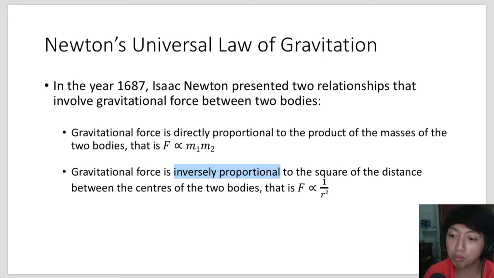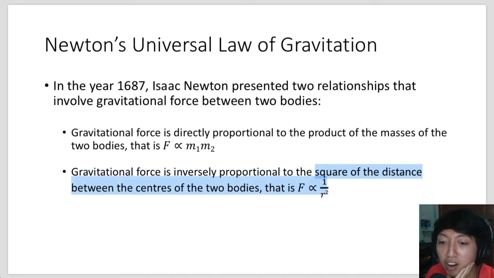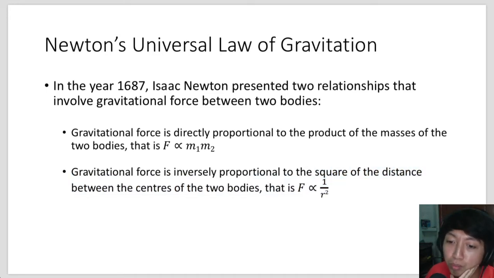So the second relationship is that the gravitational force, F, is inversely proportional to the square of the distance between the two bodies. That is, F is proportional to 1 over r square.